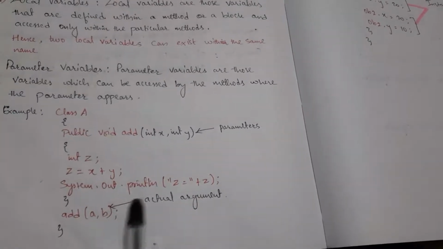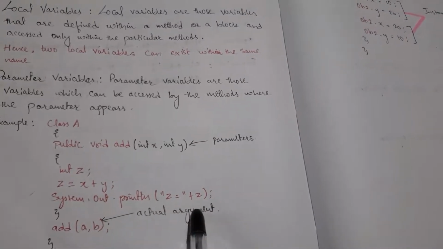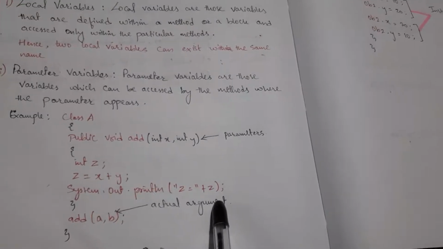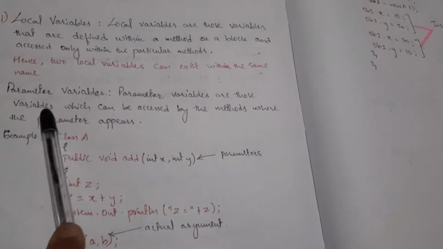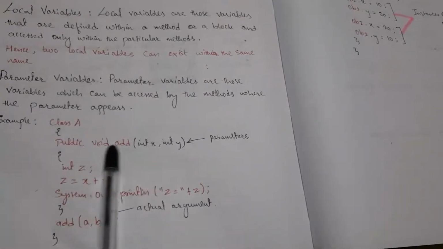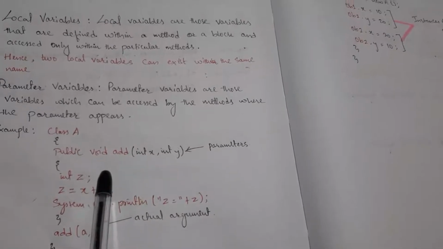So these are considered as what kind of argument or variable? Actual argument, or we can call as actual parameter. So you just have to remember one thing from this particular portion, that is parameter variable. The variable that is given there in the method prototype which can be accessed during the program time is called as parameter variable.